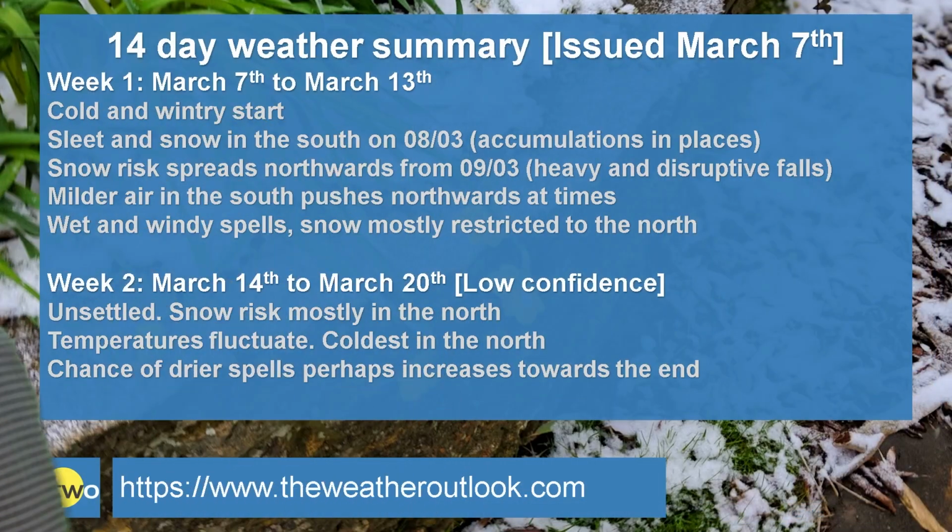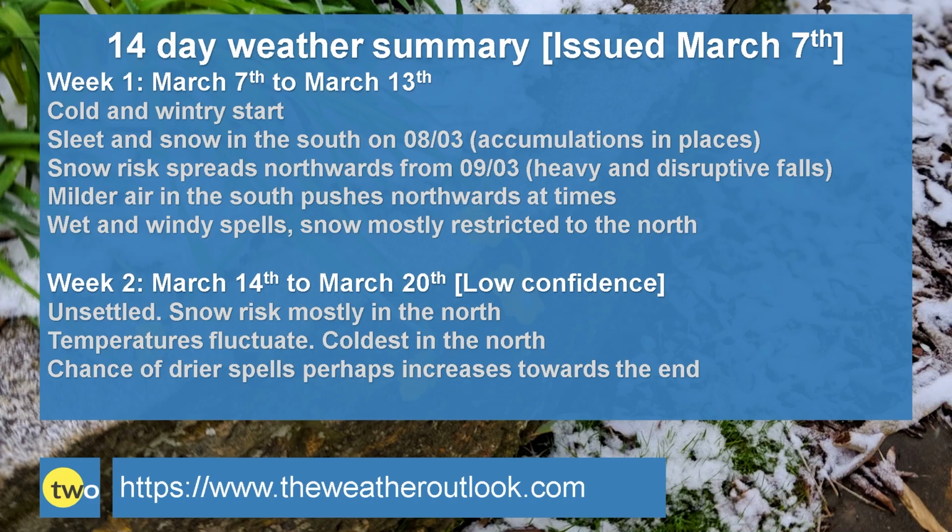So to summarise, week 1, it's a cold and wintry start. Sleet and snow are expected in parts of the south on the 8th, accumulations in places, some uncertainty as I've discussed about the northern extent of that snow and the amounts which are likely to settle.